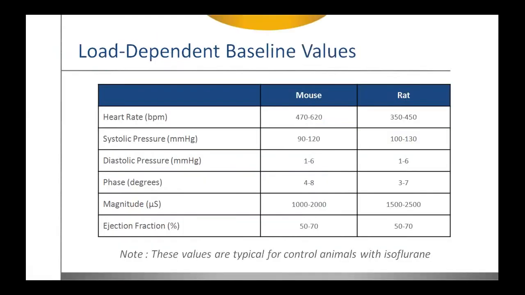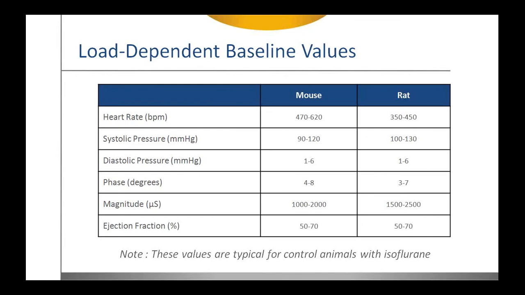In the next slide, I'll show you the load-dependent baseline values for LV pressure in mouse and rat. Here, we can see a heart rate in mouse between 470 and 620 is desirable when you're taking the baseline scan. Systolic pressure between 90 and 120 is also desirable. Diastolic pressure between 1 and 6 is very important for baseline.